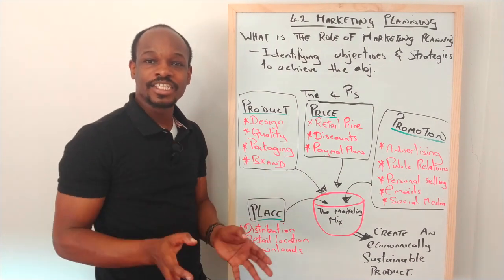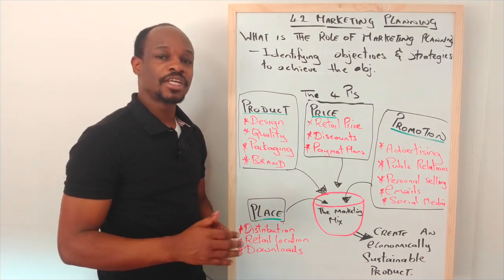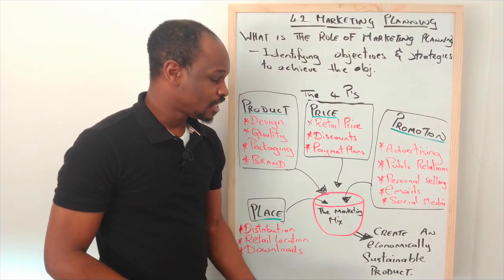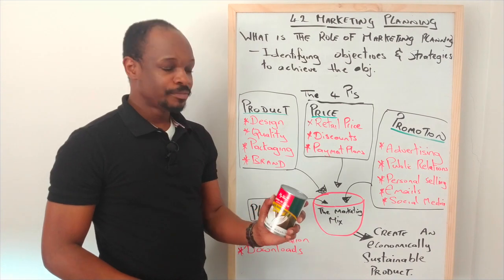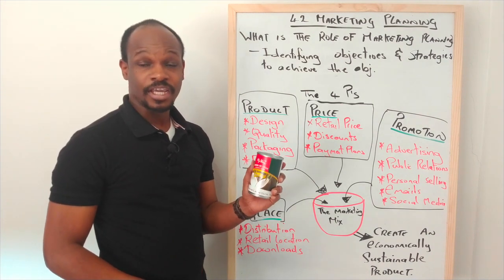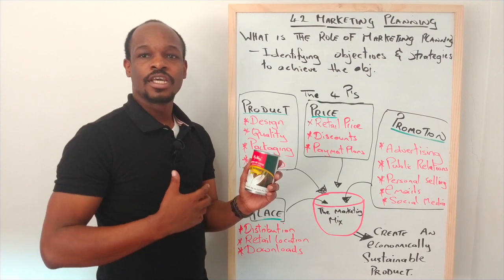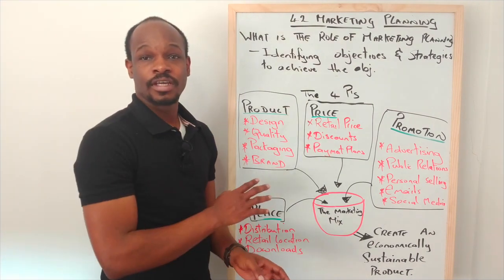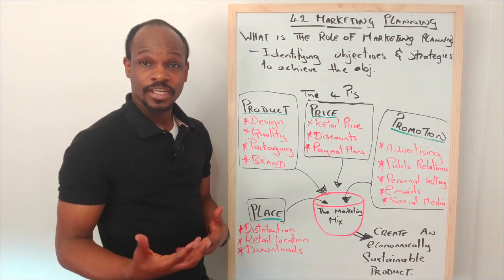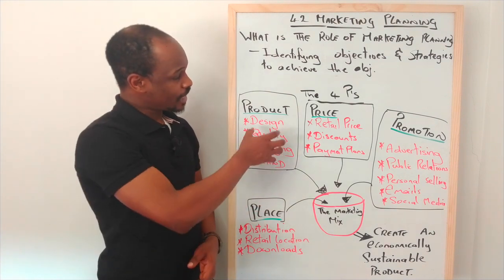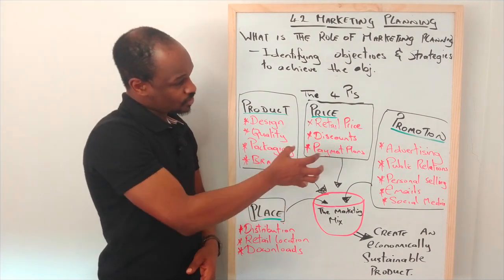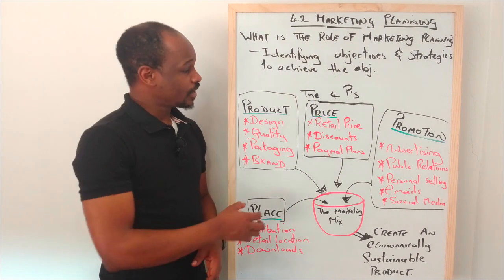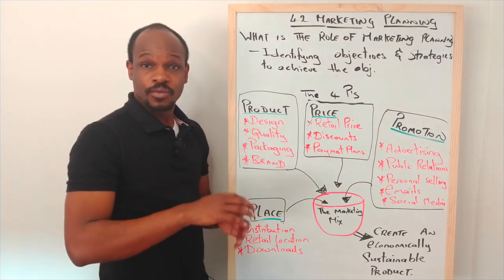So the whole idea of the marketing mix is to create a product that is economically sustainable, so it's good for use and you can afford it. So this is just the one video. We're going to be looking in more detail at the different elements within the marketing mix. Join me next time where we're going to look at the product within the marketing mix.